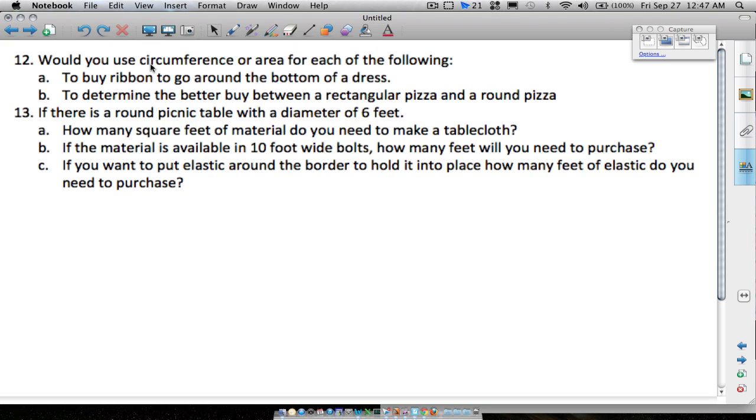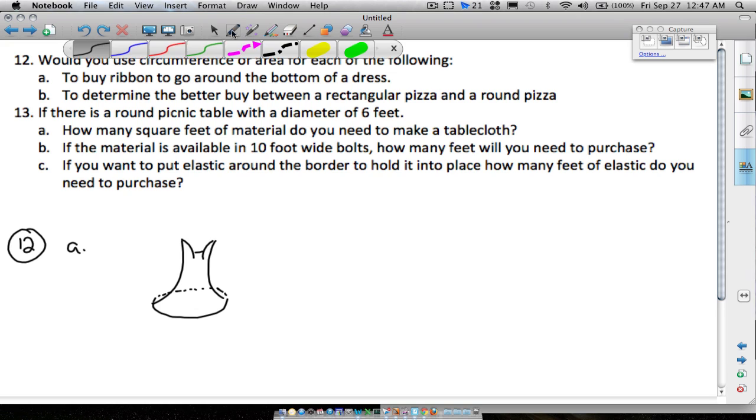All right, what would you use? Would you use circumference or area for each of the following? So 12A, are we going to use the circumference or the area? To buy a ribbon to go around the bottom of a dress. You got a dress. Technically this dress is a circle, let's not get too technical here.